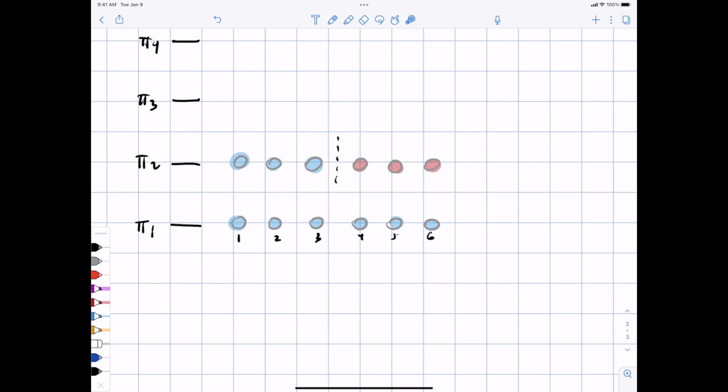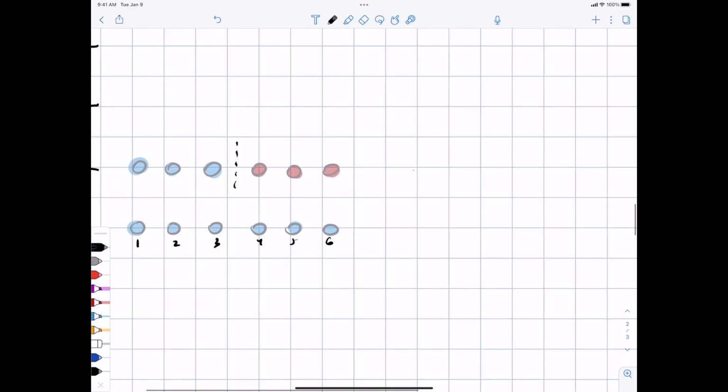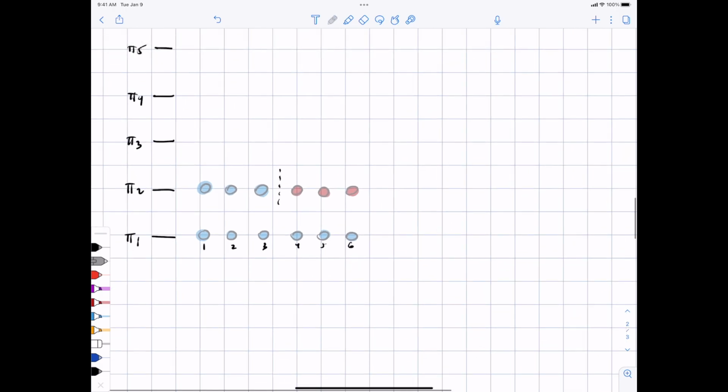Understand that if you were to actually see this molecular orbital on the molecule, it would look like this, with a node in the middle. And we're looking sort of still from a top-down view. Okay, and so we can continue.